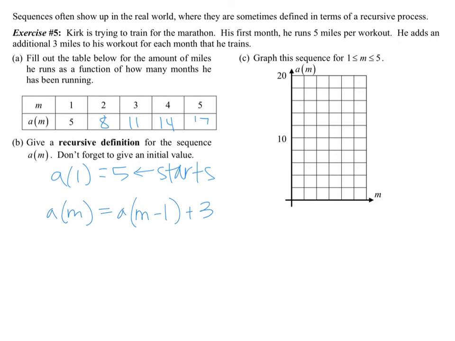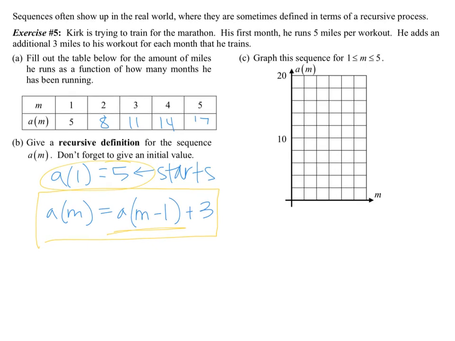Essentially, A of m minus 1 is saying that for the month in front of it, you add 3 to that value. So A of m equals A of m minus 1 plus 3, and your starting value is 5.